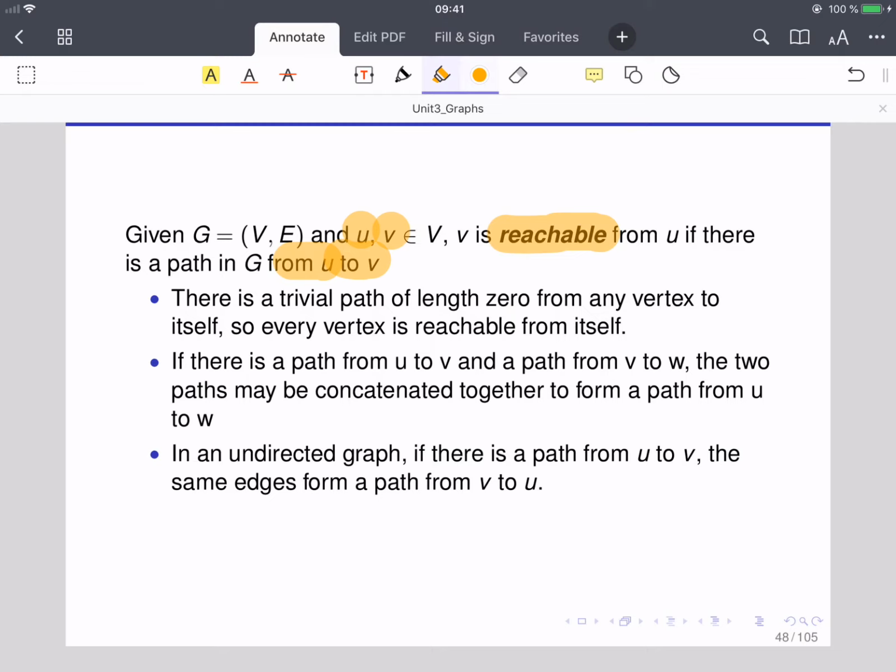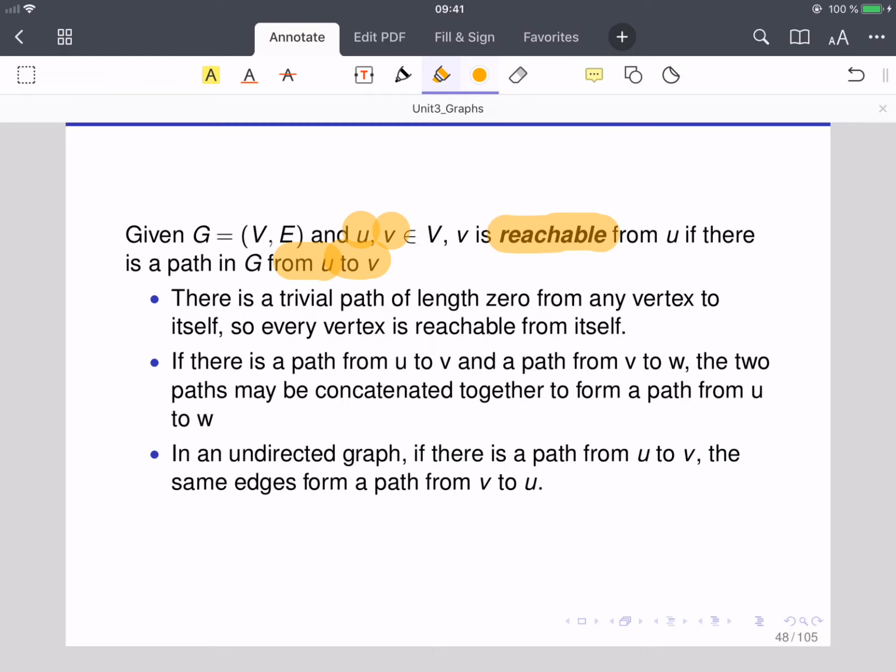This is something that we have already used in the previous units, in units 1 and 2, for instance, when we were minimizing deterministic finite automata.